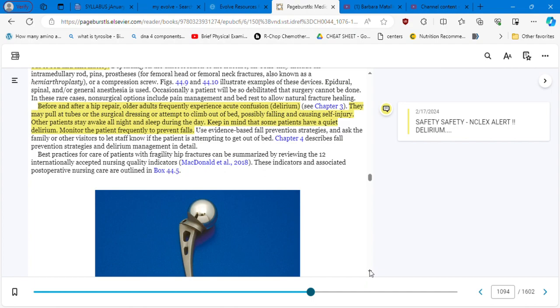So one day before discharge, the lady called the bell to go to the bathroom, and the CNA came and assisted her to go to the bathroom. Remember that they need to monitor how she was walking. So she was sitting on the toilet, and the CNA decided to give her privacy, which was not recommended.